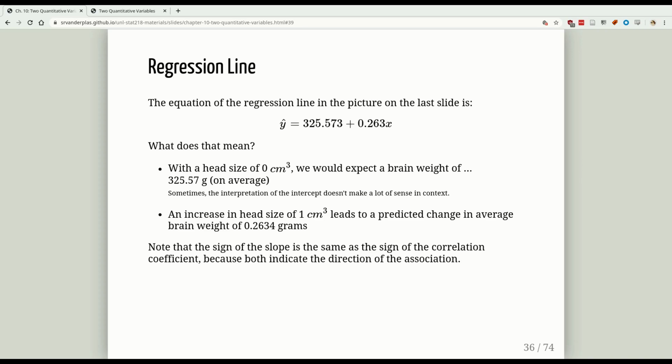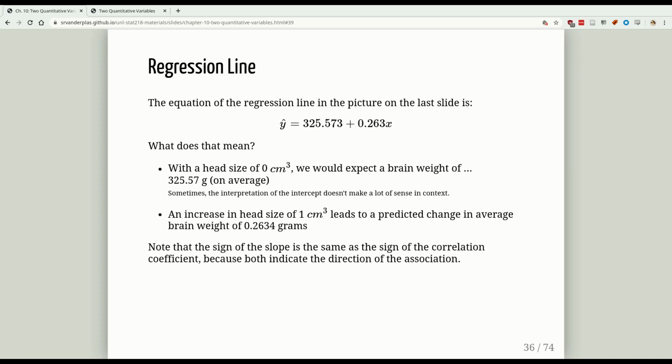If we have a head size of 0 cubic centimeters, we don't have a brain either, right? There's no volume. But because of the data that we have, we have no points at x equals 0 either. So it makes sense that the relationship isn't necessarily interpretable across every possible value of x.